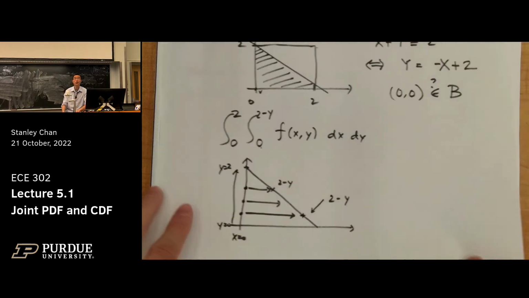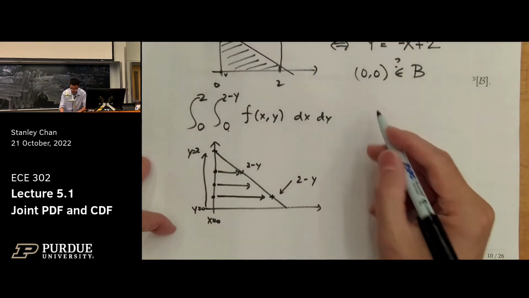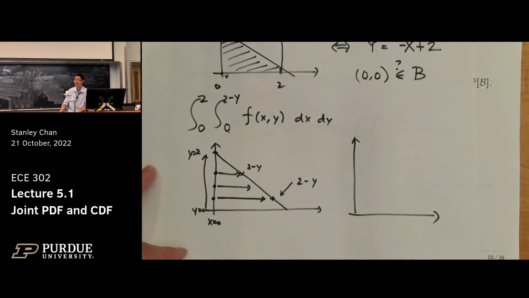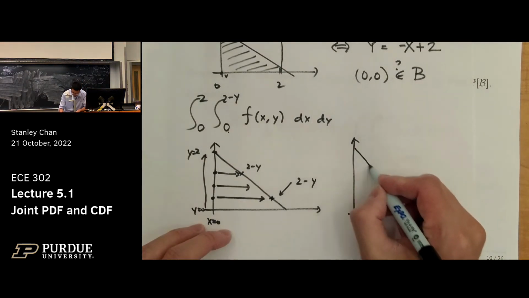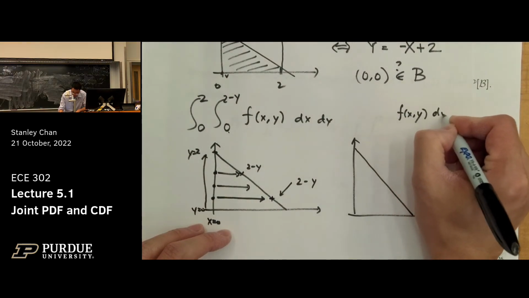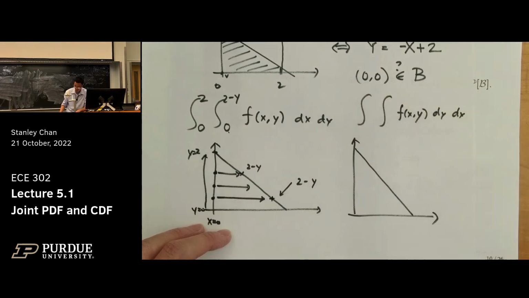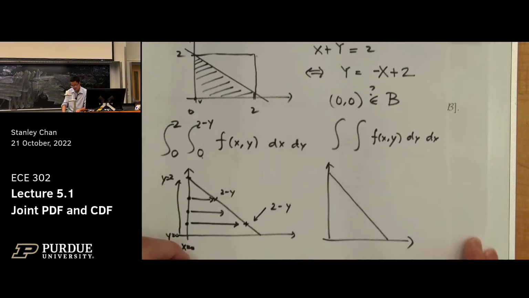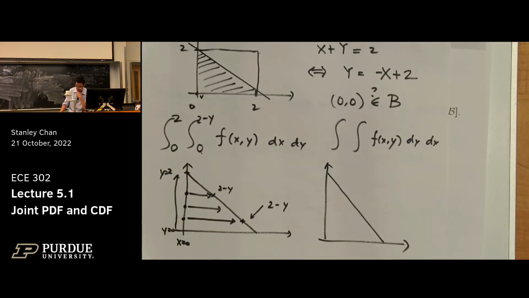Now, of course, I know some of you here in this room are thinking, what should I do if I start with y first? Okay, let's see. So f of x and y, dy and dx, double integral. Now this time, if I want to integrate dy first, that means I want to start with this point and then go all the way to this.